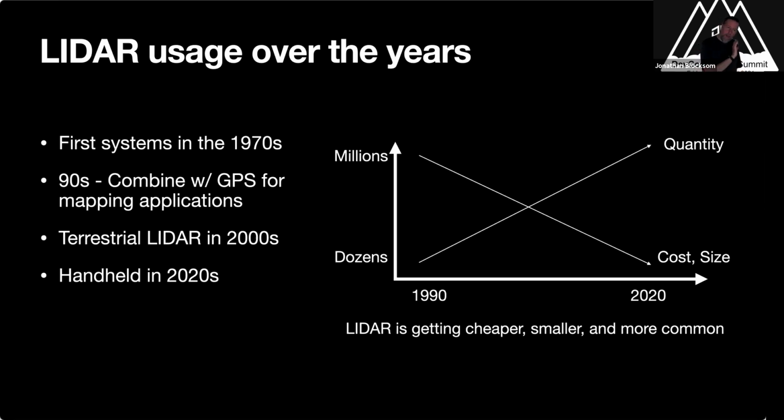But the number of them in use, back when they were $100,000, you'd have a few dozen in the world or something like that. Now everyone who has an iPad Pro, an iPhone 12 or iPhone 13 Pro Max, they all have LiDAR sensors. So you've got millions of LiDARs just out there shooting lasers all over the place.